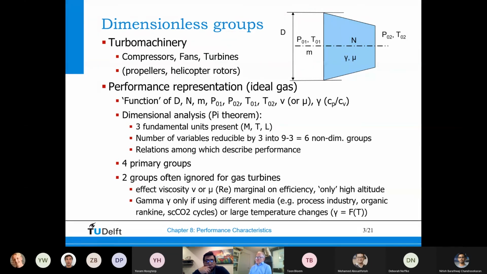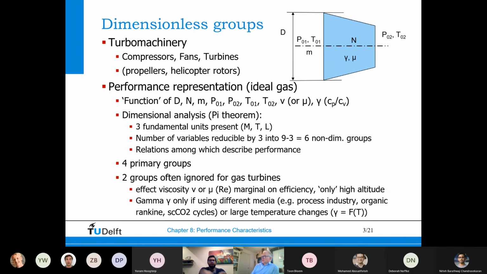And the relations among those groups describe the performance consistently. Now we use 4 primary groups: pressure ratio, corrected mass flow, and well, we'll get into that. And 2 groups are often ignored for gas turbines.